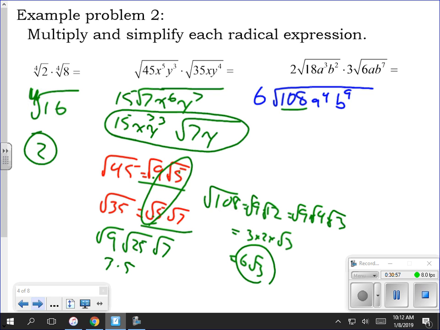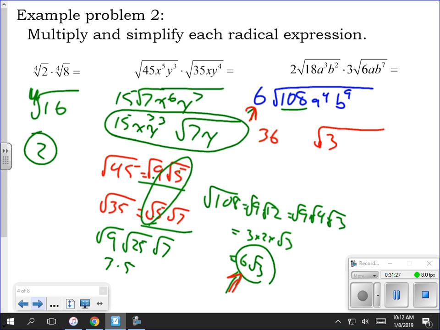So I pull out a 6. What do I do with the 6 that's already out there? I multiply it. So I have the 6 from here, and the 6 from here gives me 36. And then I still have, underneath the radical, root 3. And now I do the variable portion, and that's easy. Half of 4 is 2.